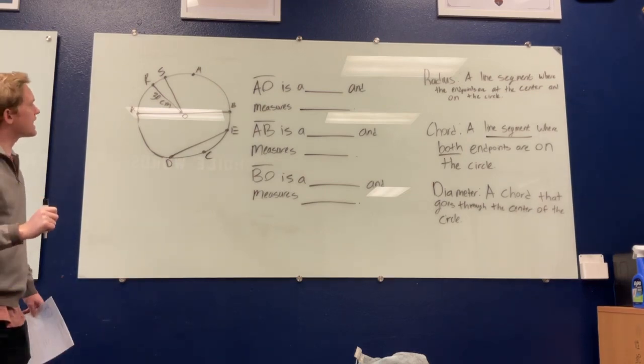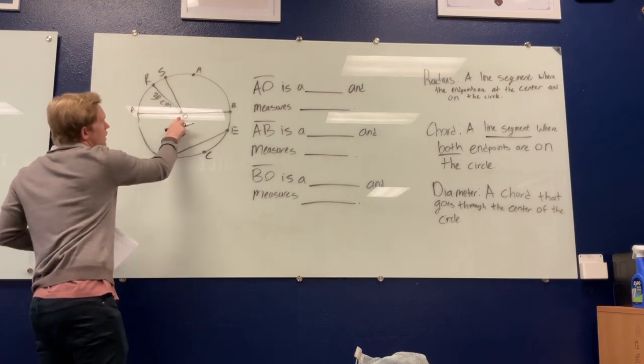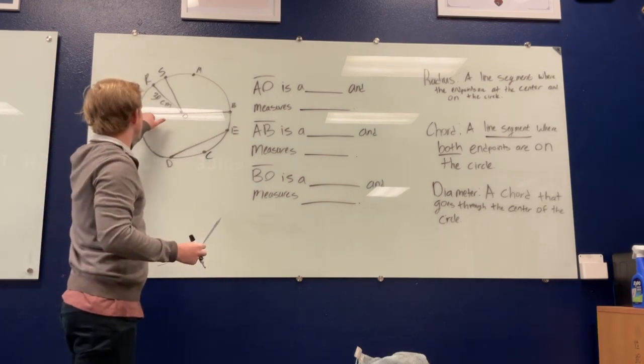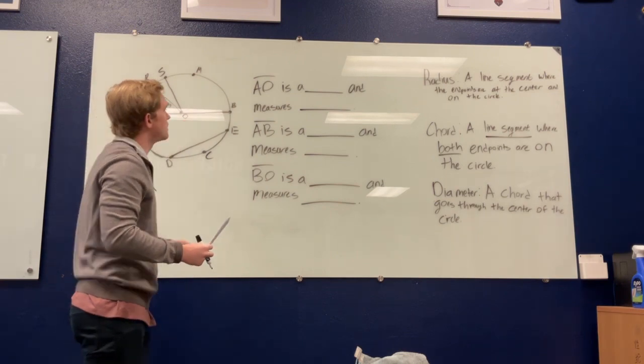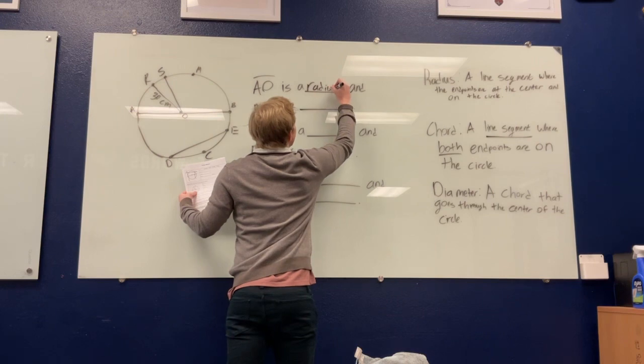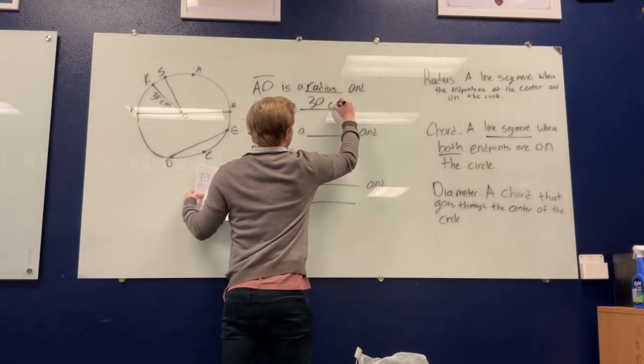So, if that's the case, let's look at AO then. If A to O is also a radius because it goes from the circle to the center, then we know that it measures also out to 30 centimeters.